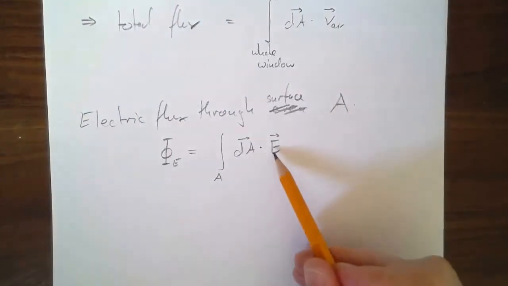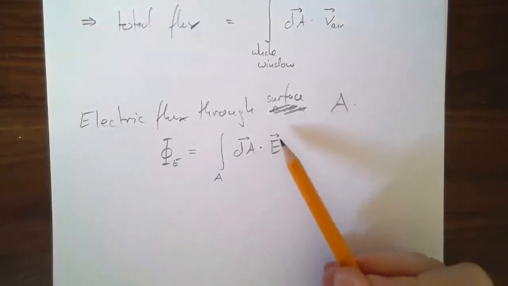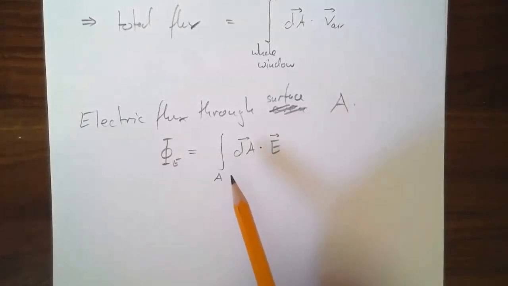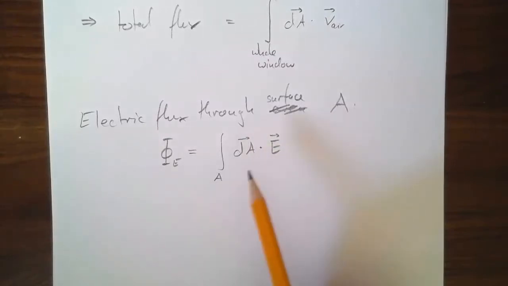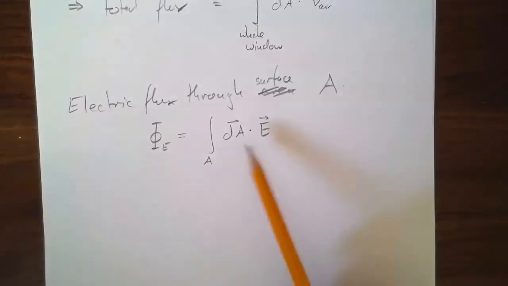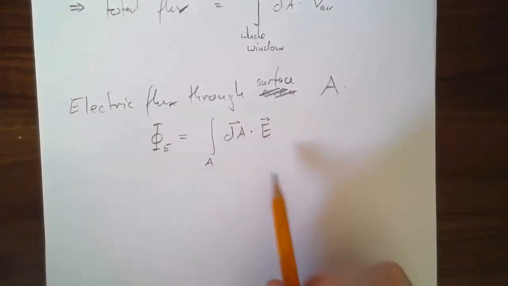But now we're working with the electric field, and the visualization would be electric field lines. Electric field lines don't really flow. There's nothing flowing along a field line, so it's not like air. But mathematically, it's still the same idea. And I think the visualization with a flow of air can help.